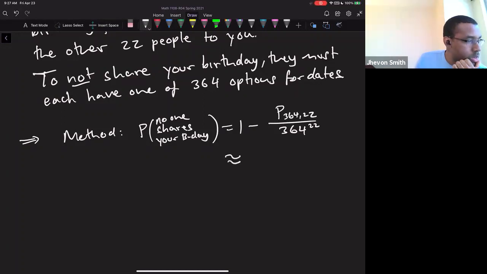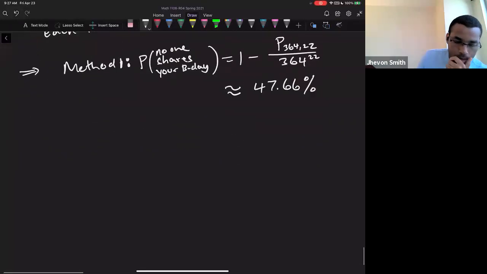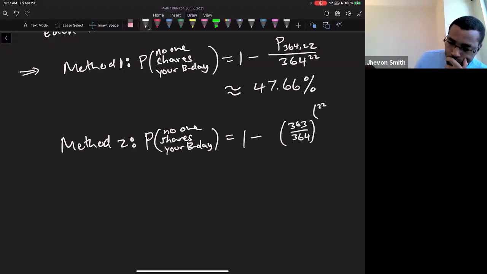And that was 47.66%. So that's method 1 way of doing it. And method 2 would be similar: 1 minus 363 out of 364 to the 22 choose 2, and you'll get the same thing.